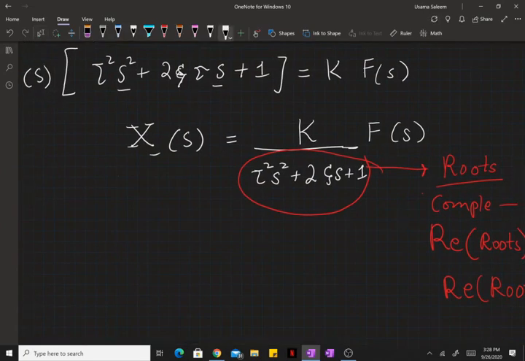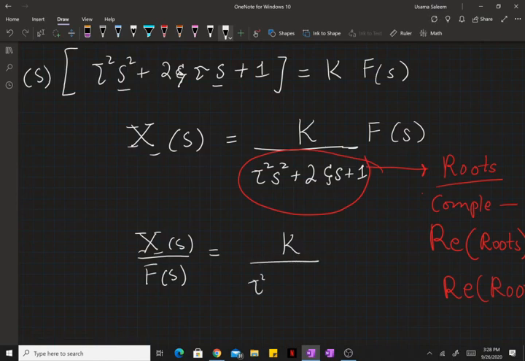And if I represent this final equation as X of s divided by F of s equals k over tau squared s squared plus 2 eta tau s plus 1, oops, I was missing a tau term here.